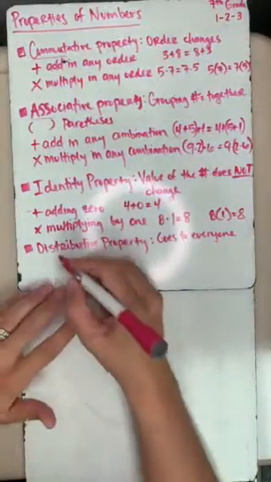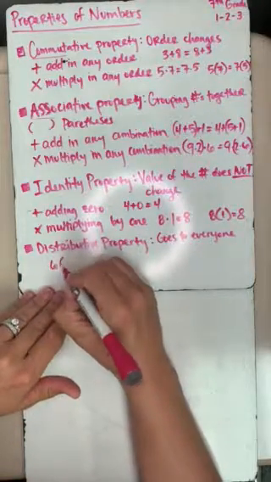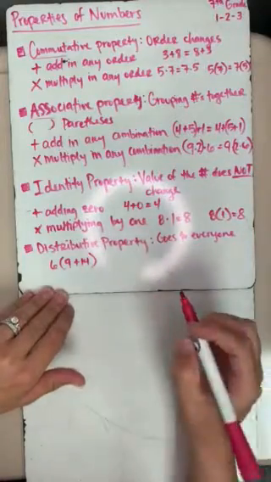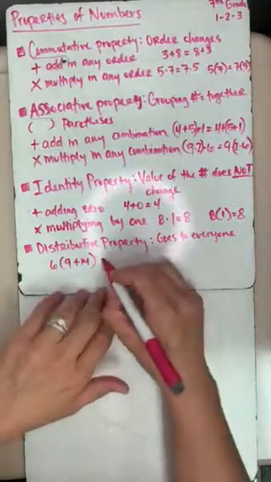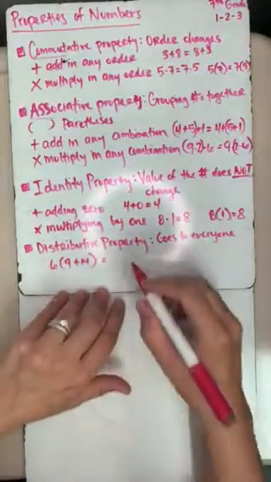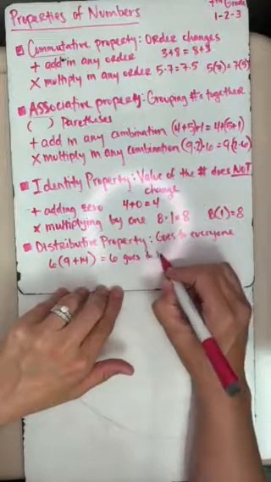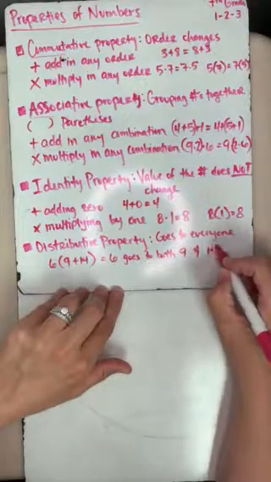Now, an example of that would be like 6 times (9 plus 14). So in this case, 6 goes to both 9 and 14.